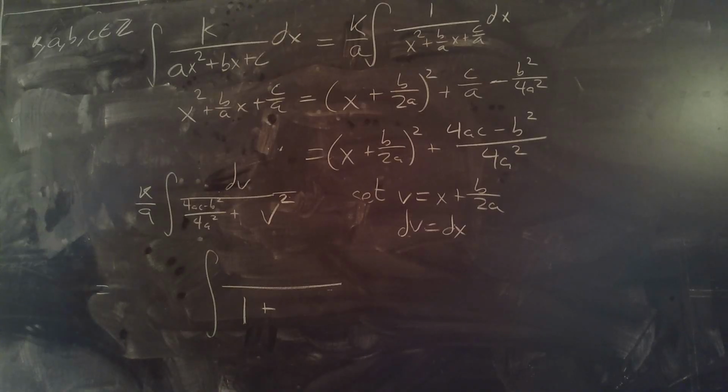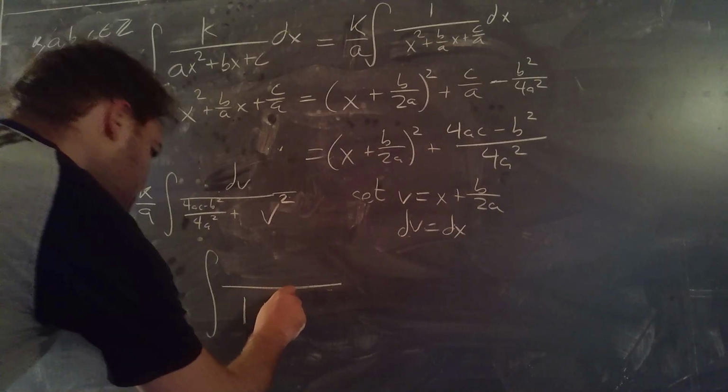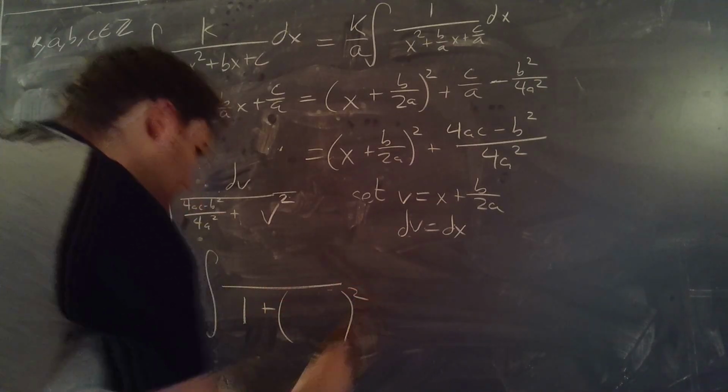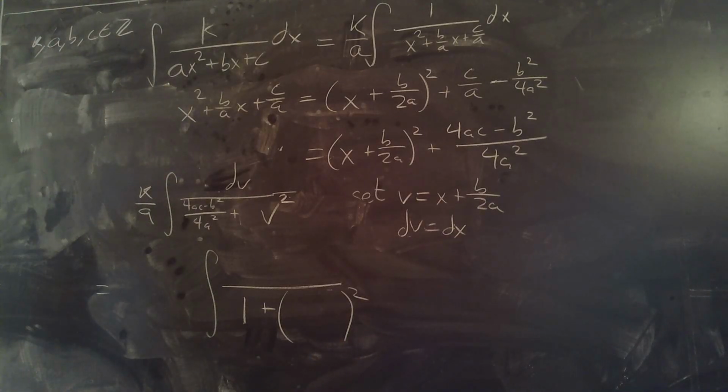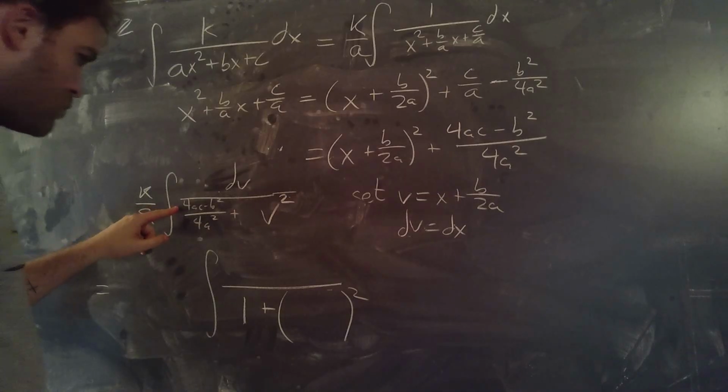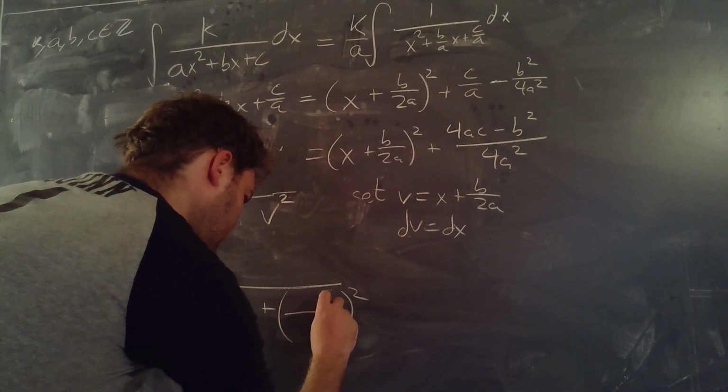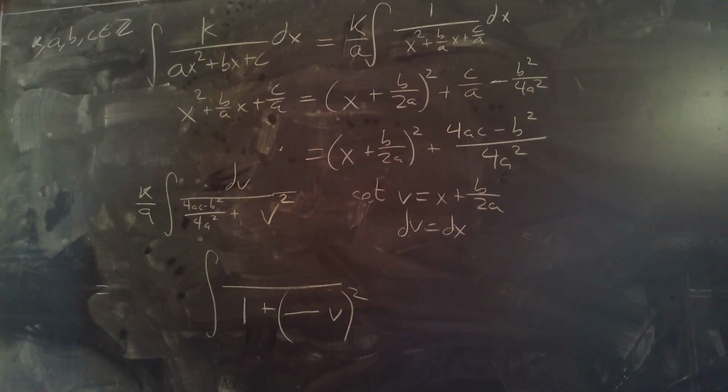And it might be worth noting here, when I write this inside of the v squared term, we'll take the square root of this and v and square the whole thing.